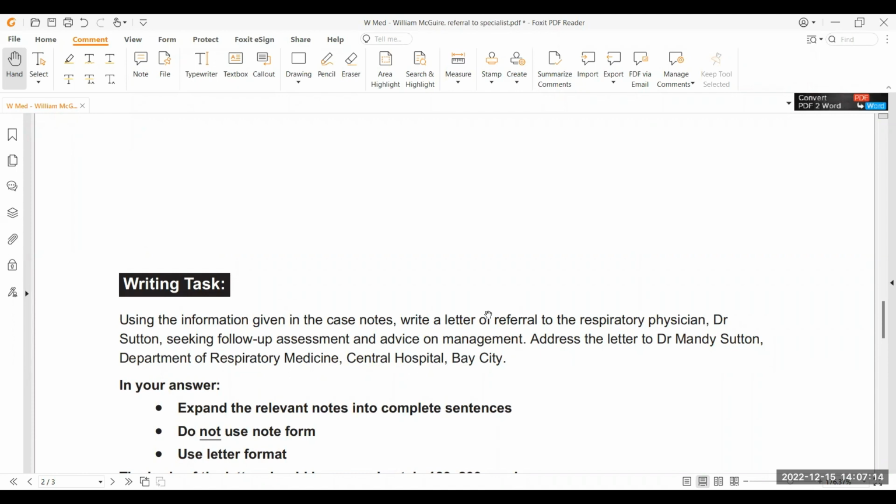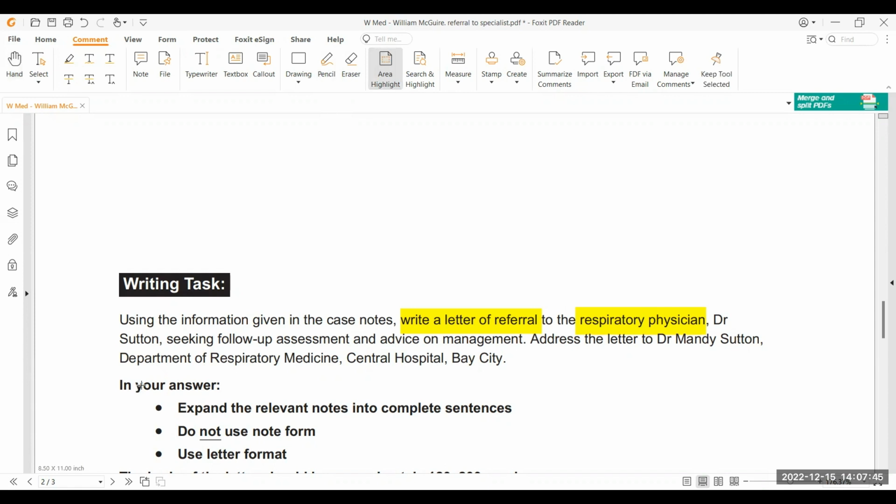Right. So in a lot of cases, the writing task would tell you what type of letter to write. In this case, it says to write a letter of referral. And the writing task would always give you who you will be writing to, so who is your reader. In this case, you are expected to write to a respiratory physician, Dr. Sutton.